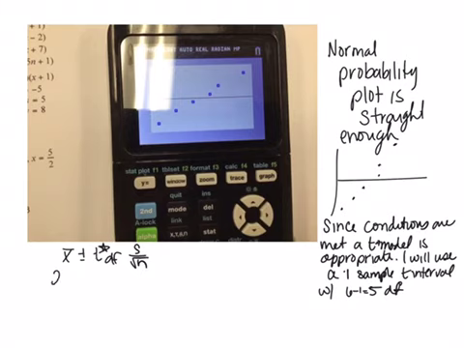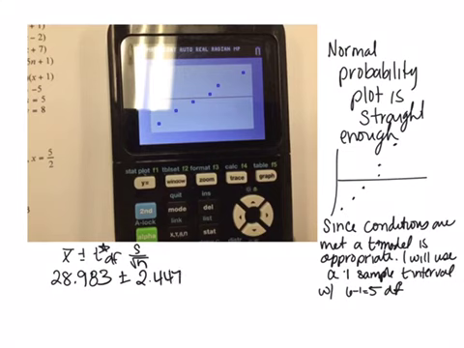So my x bar was 28.983, plus or minus, and I need to find my t star from my table. 95% confident with the appropriate degrees of freedom should be 2.447 from the table.